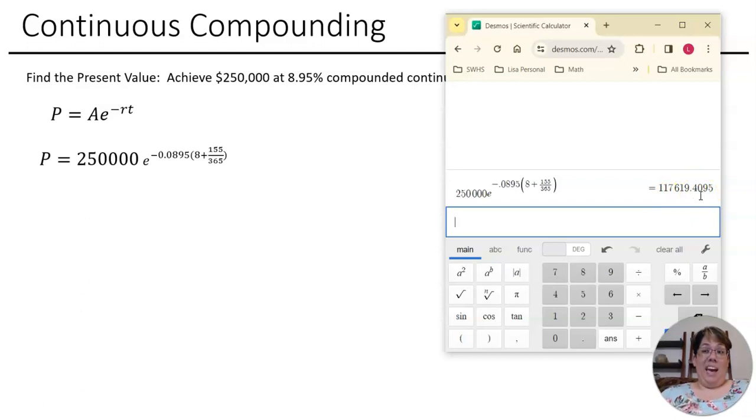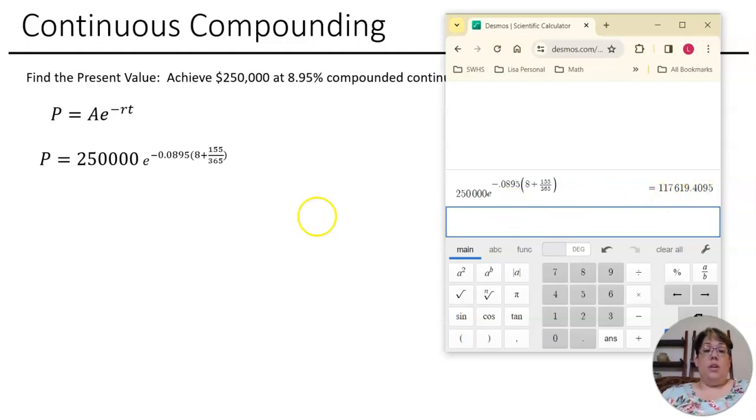Okay, I asked myself, does that make sense? And it does seem like it would make sense to me that this would be the right answer, that that would be a present value. So that's what I'm getting, 117,619.41.